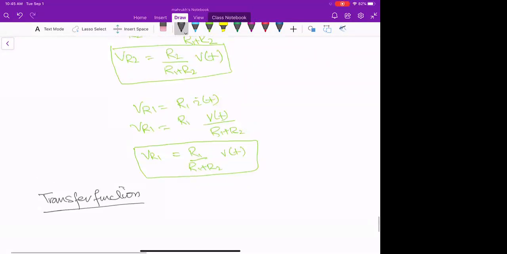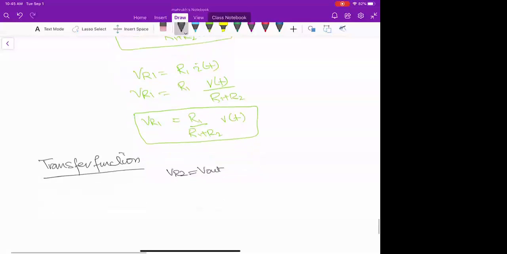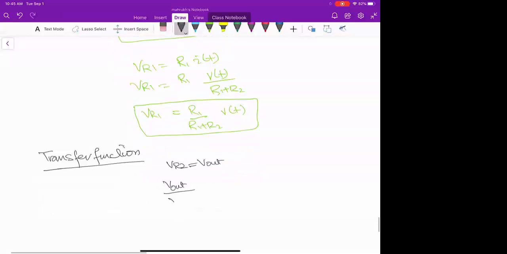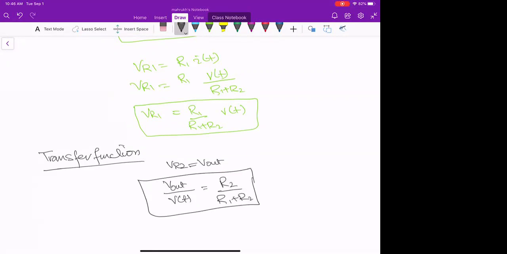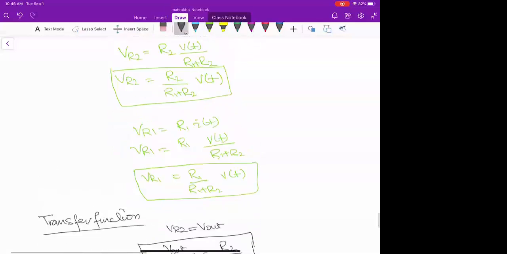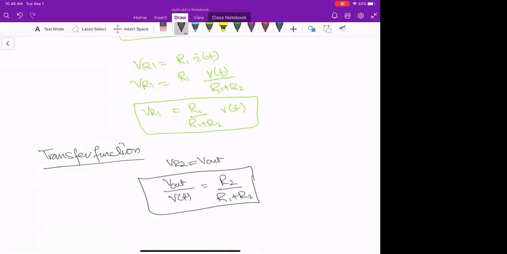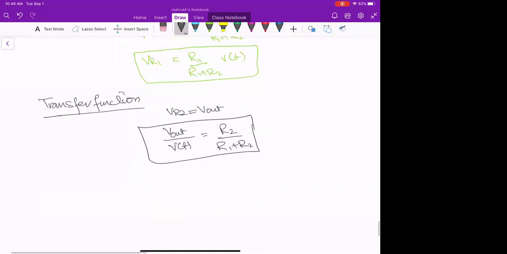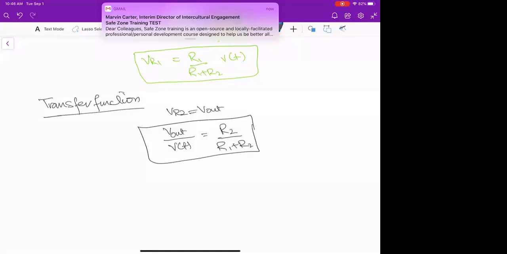So here, if you say that your VR2 is your output voltage, you can define V out by V of t is equal to R2 by R1 plus R2. So this will be your transfer function for the voltage divider. Okay, so it's not a very complicated thing. There are some complicated ones, but I just want you to think about transfer function like that.